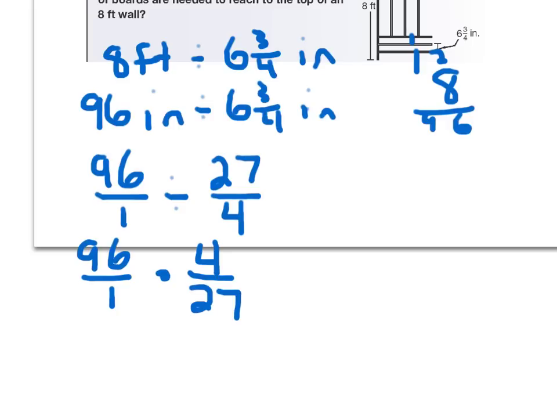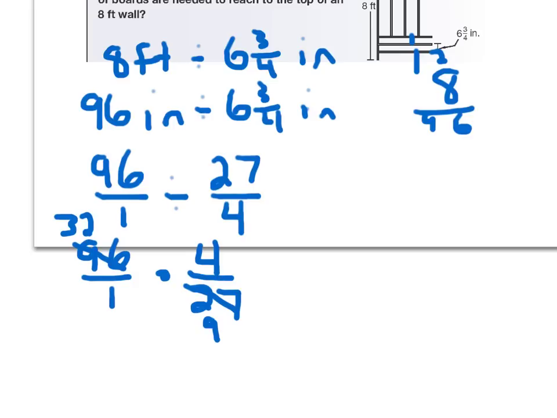Well, we can cross-simplify these a little bit here. 3 for sure goes into both of these. 96 divided by 3 is 32. And 27 divided by 3 is 9. And there's nothing that goes into 32 and 9.